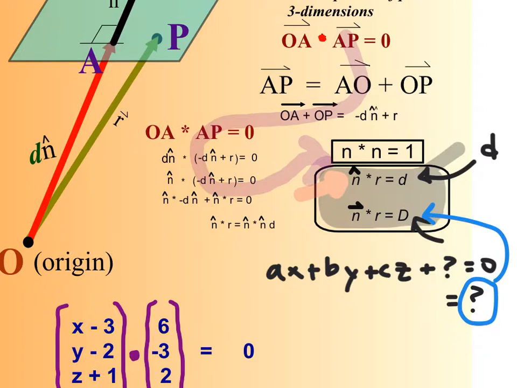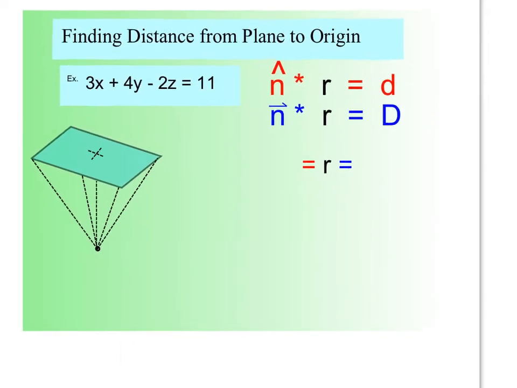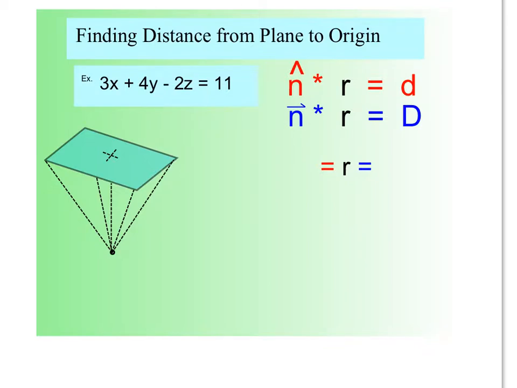I'm not going through much of this slide just due to the fact that I don't have time for it. If you're curious, you can inquire in class. We can talk about it on this side. Okay, so finding the distance from a plane to the origin. Let's take this point here. Let's call it the origin, 0, 0, 0.